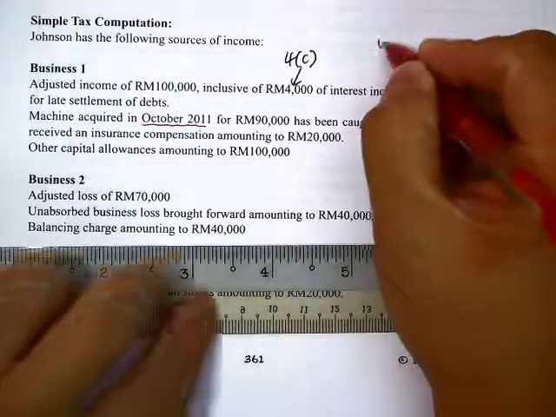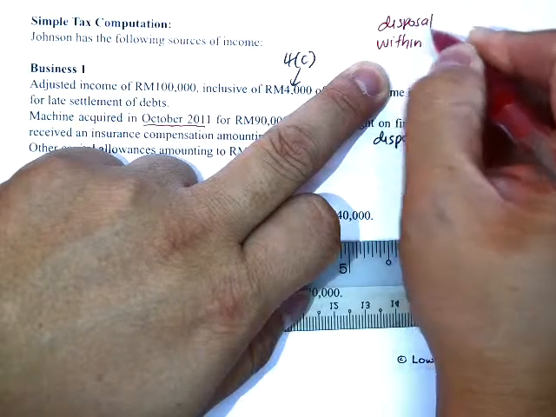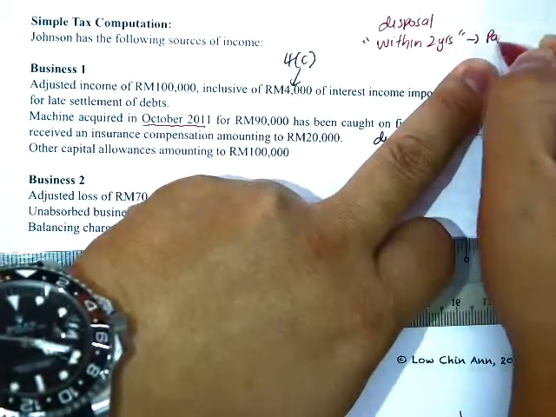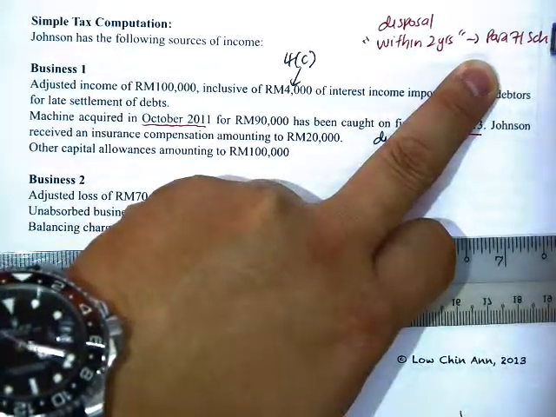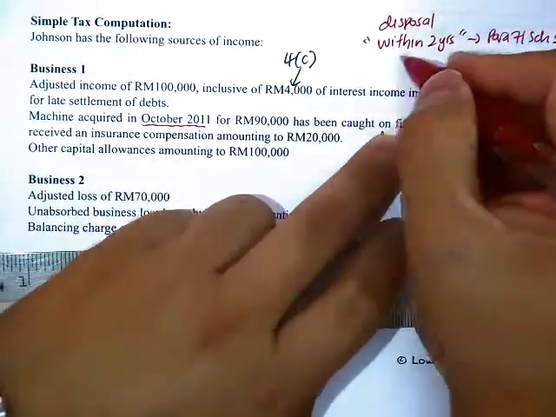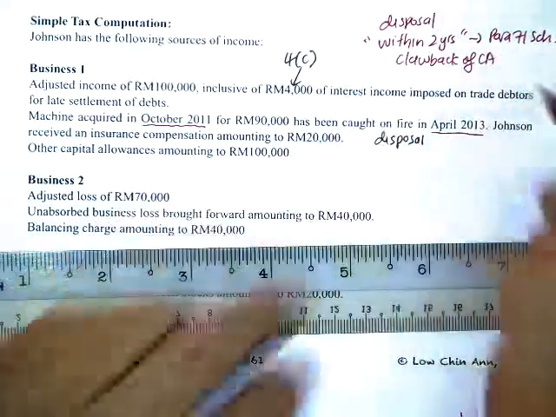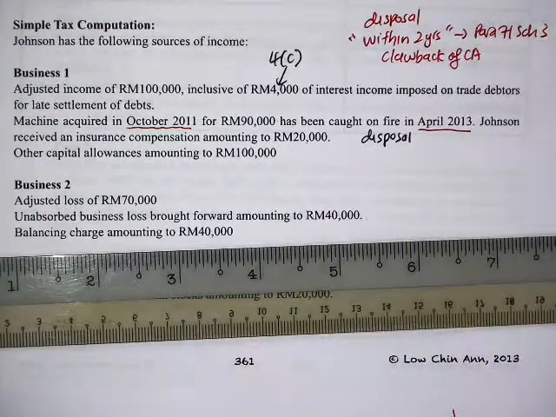If you have a disposal within 2 years from the date you acquire, there's this para 71 schedule 3 that deals with claw back of CA.